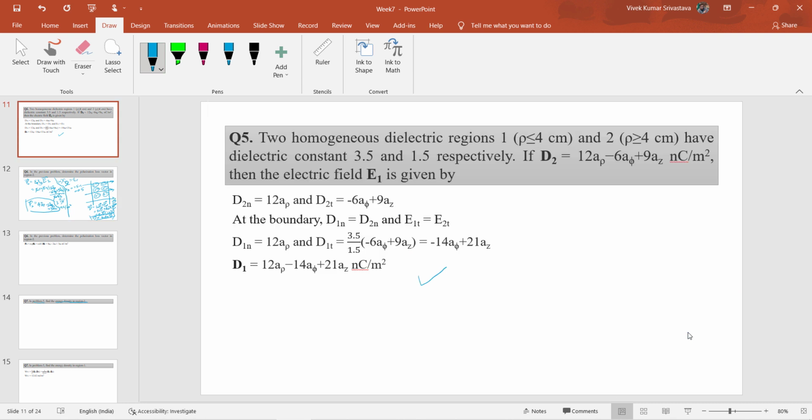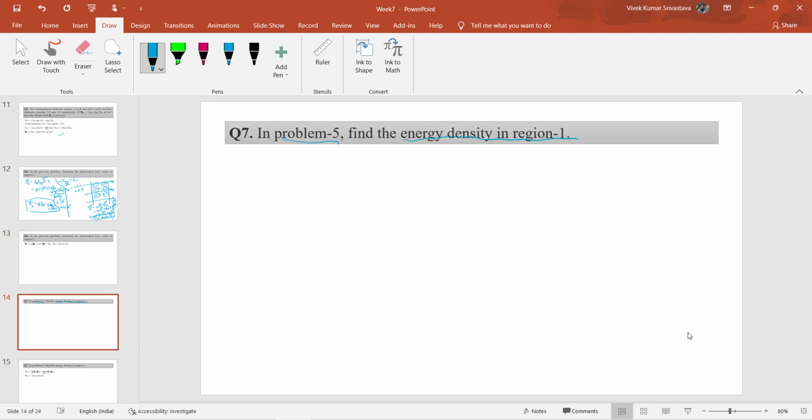So for this problem we have to find out how much will be the energy density. Energy density is defined as half E dot D. So inside the electrostatic field, how much energy is stored, that is defined as the energy density.